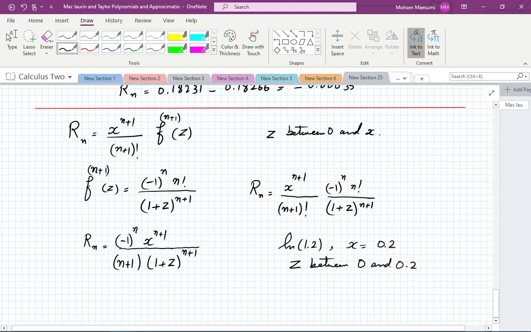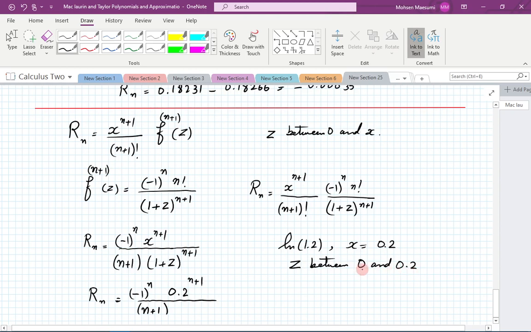So let's see how we can use this to whittle down Rn and make it clear for ourselves what it is. So the leftover remainder is minus 1 to the power of n, then x is 0.2 to the power of n plus 1, and in the denominator I have n plus 1, and z is between 0 and 0.2.